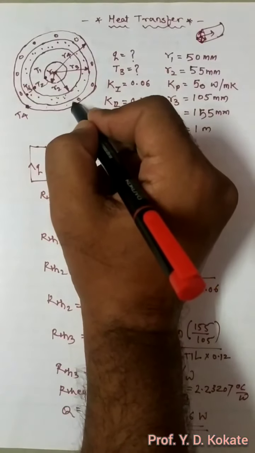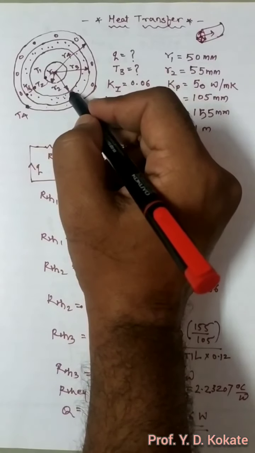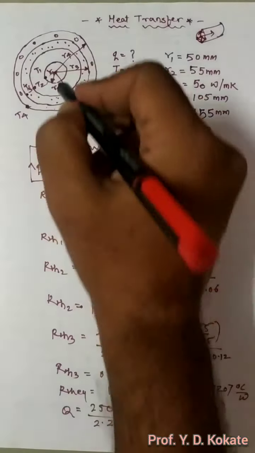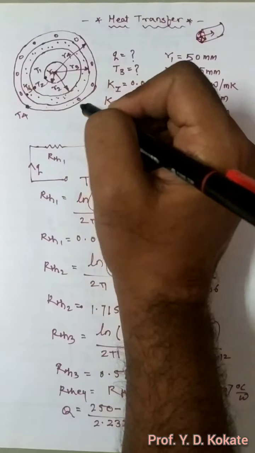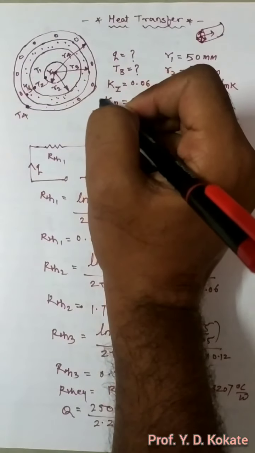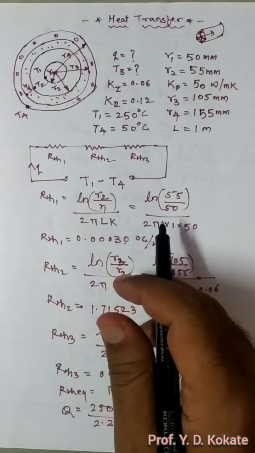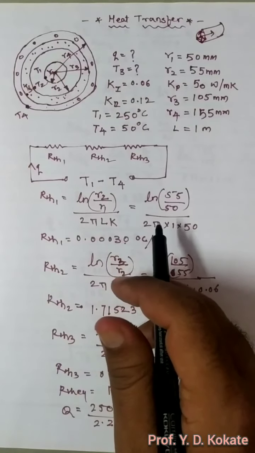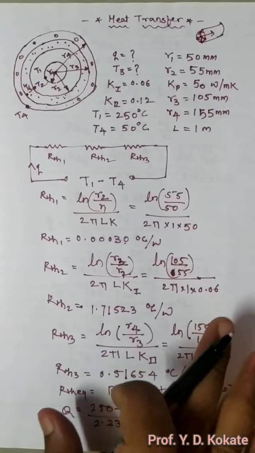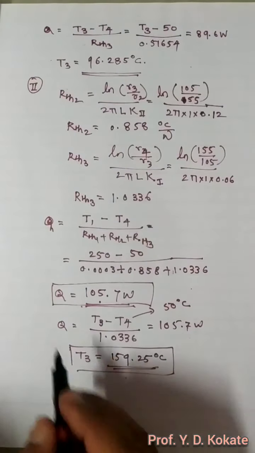If you provide higher thermal conductivity material first to the heat source and then lower thermal conductivity material after that, then the heat transfer rate will be more. So if you want to stop heat from getting lost into the atmosphere, first of all use lower thermal conductivity material, that is the insulator, next to the heating source, and next the higher thermal conductivity material. So what is the loss? That we can easily find.